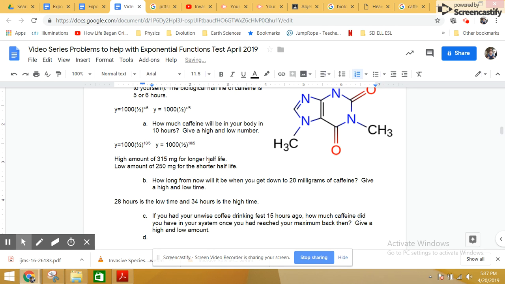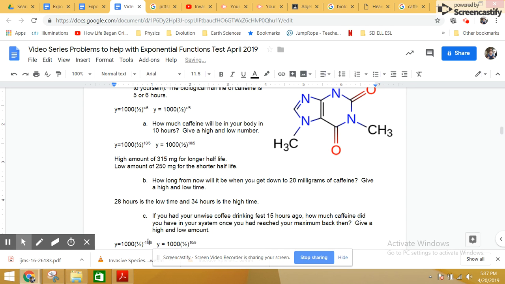Okay, the final one gives us a time, and we want to know how much caffeine. So we've been given an X value. So we can take this function and this function, copy paste that, and instead of 10, we want 15 hours ago, which is going to be a negative 15.